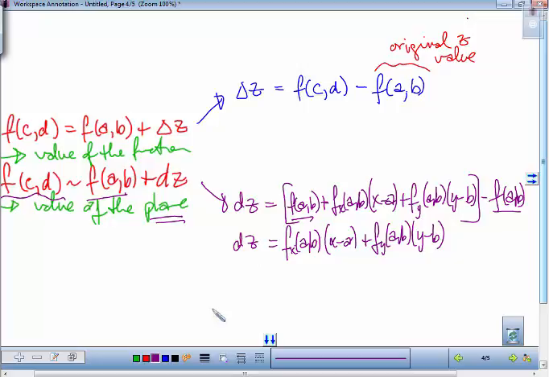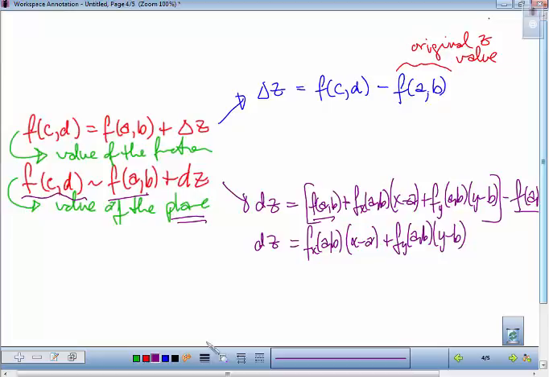Okay. So to figure out dz from this approximation, the value on the plane, we're kind of changing the f of CD and using the approximation for that.